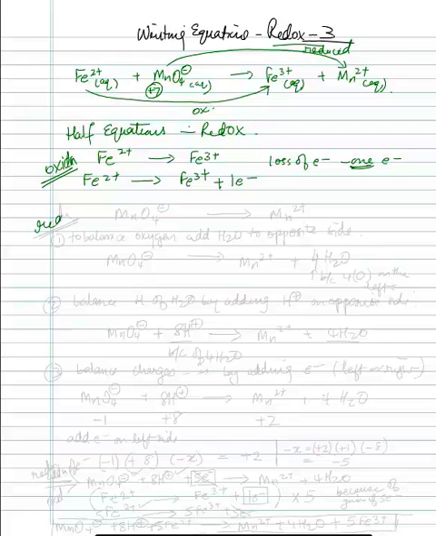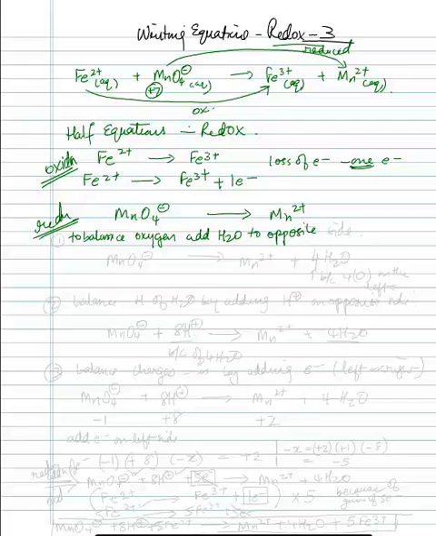Now for the reduction part of the equation, where we have MnO4- to give us Mn2+. Now we also have issues because we don't have oxygen to balance out. So this is where we learn about balancing equations in a little bit different way. First of all, to balance oxygen, add water to the opposite side.